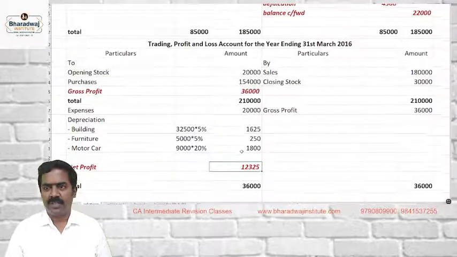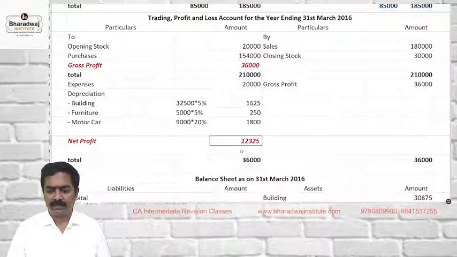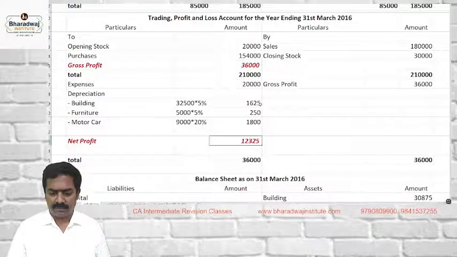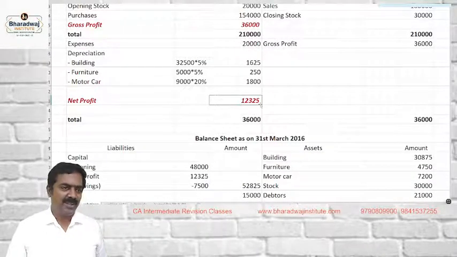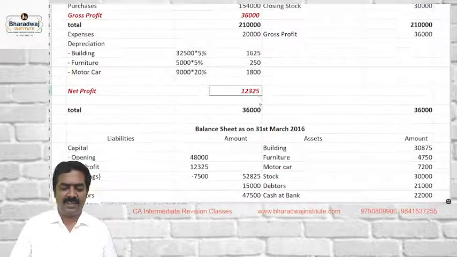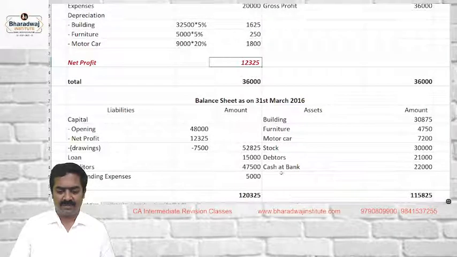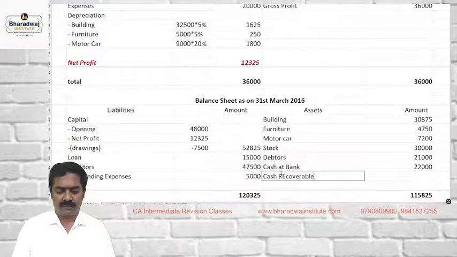Done? Shall we go to balance sheet? Since I'm explaining and solving it is taking time, okay. If you're doing it on your own, you can be more speedy. Yes.